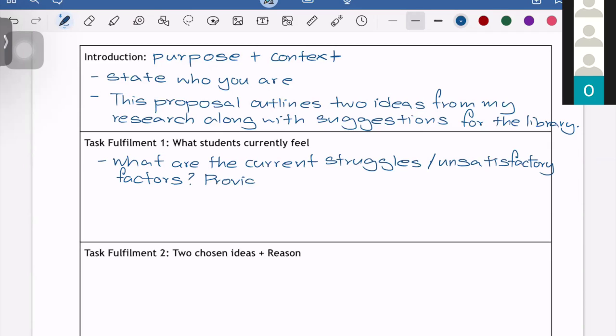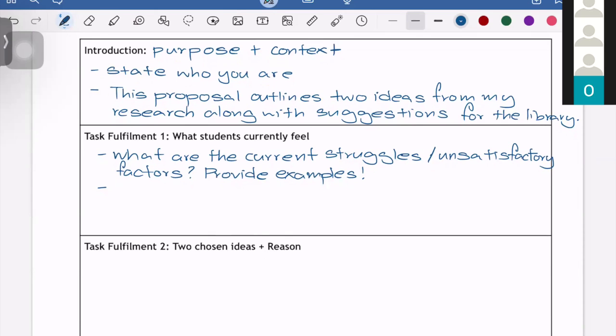And then make sure you provide examples as well. A detail that you can add on would be providing features that maybe some of the students have mentioned to you before.